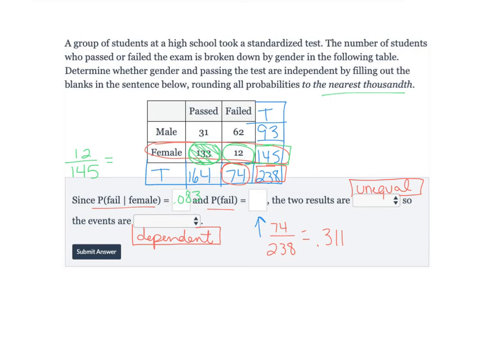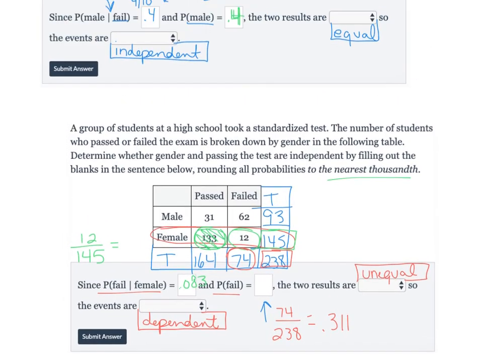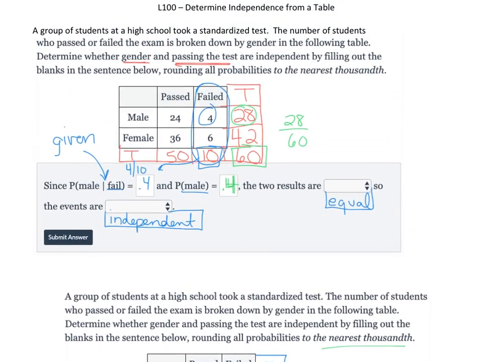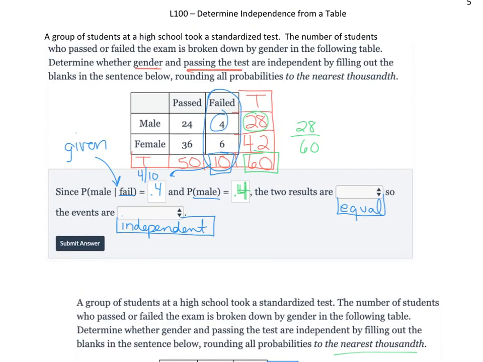Now, moving on to the next page, we're going to have another way to test for independence. So I'm actually going to look at these up here. One thing I want you to notice is that when we did these probabilities, we were always working in the same locations in the table. So we had 4 over 10 and 28 over 60.